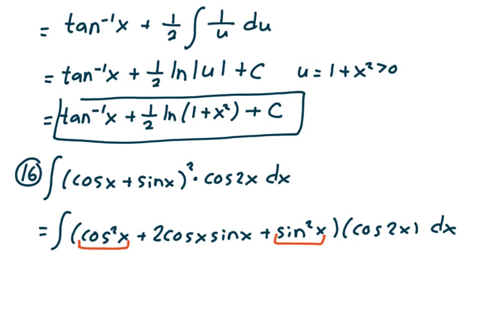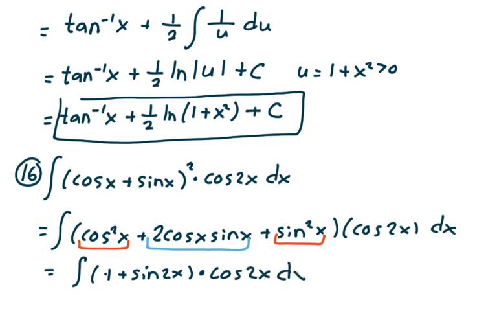Additionally, 2 cosine x sine x, we can replace that with sine 2x. And so this is the integral of 1 plus sine 2x times cosine 2x dx.